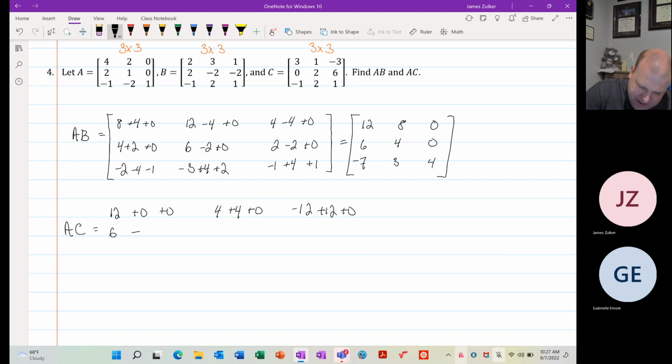Row 2, we're going to get 6 plus 0 plus 0. Then we get what? 2 plus 0, and then negative 6 plus 0. And then row 3, negative 3 plus 0 minus 1. Negative 1 minus 4 plus 2. 3 minus 12 plus 1.